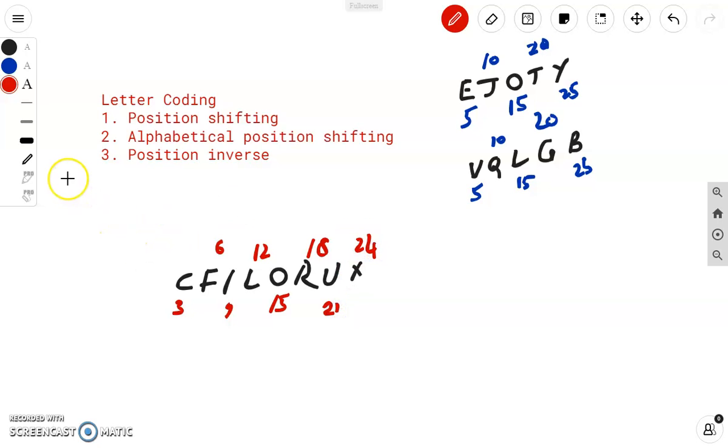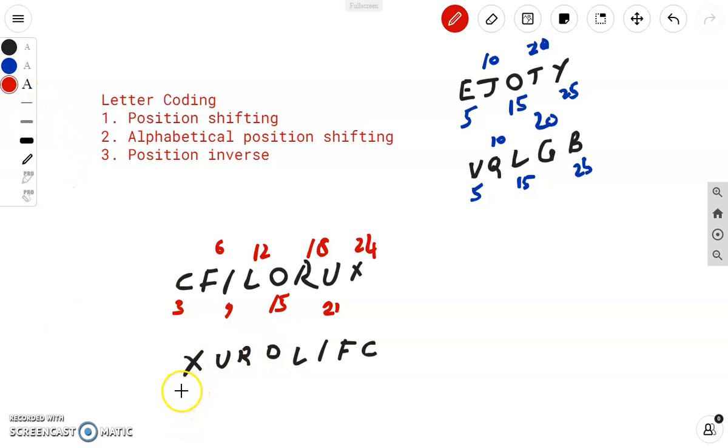If you mirror the alphabetical order, it remains the inverse of the thing: X U R O L I F C, which is called Eurolifts. Just the opposite of that.